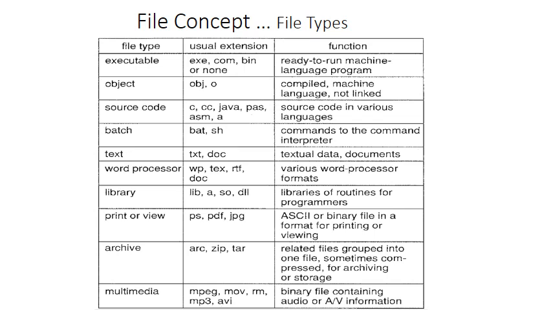These are related files grouped into one file, sometimes compressed for archiving or storage. Next is the multimedia files, which have the extension as .mpeg, .mov, .rm, .mp3, .avi. They are binary files containing audio or audio-video information.